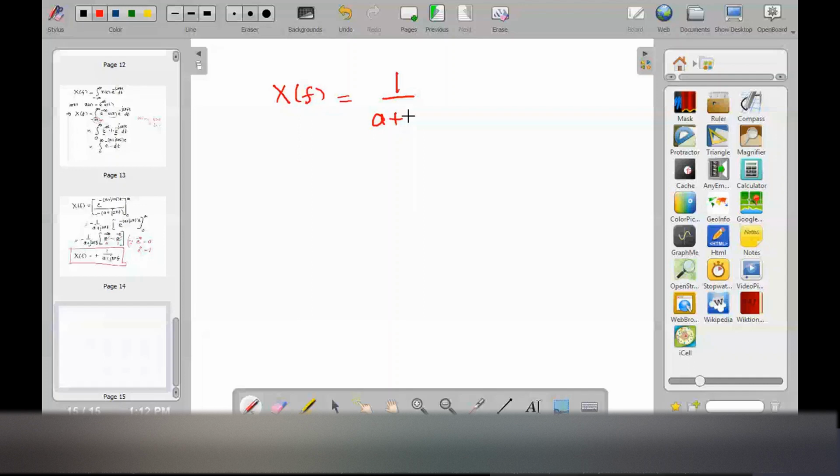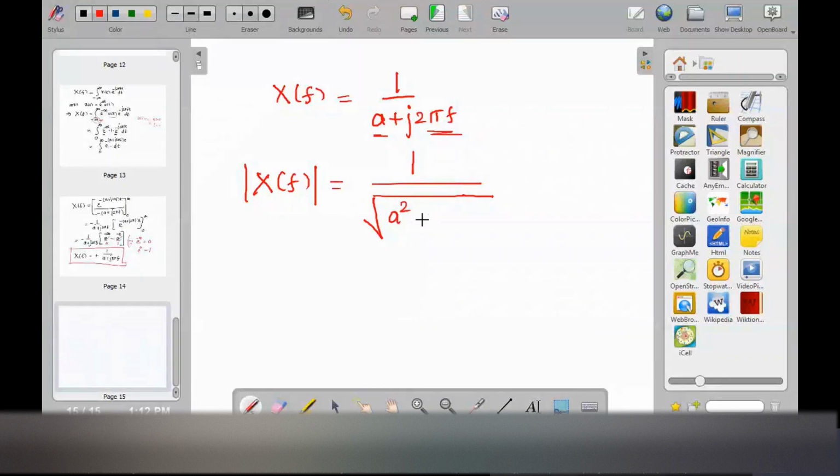To calculate its magnitude, it is 1 divided by the square root of the real term squared plus the imaginary term squared. The real term here is a, the imaginary term is 2 pi f. So it is x square plus y square, like a square plus (2 pi f) square. This is the magnitude.